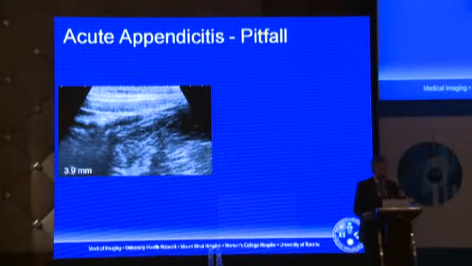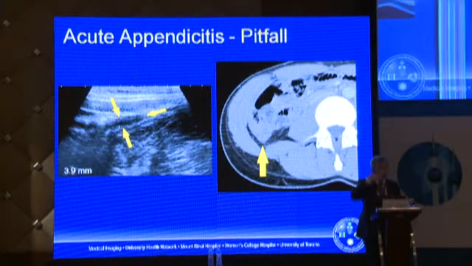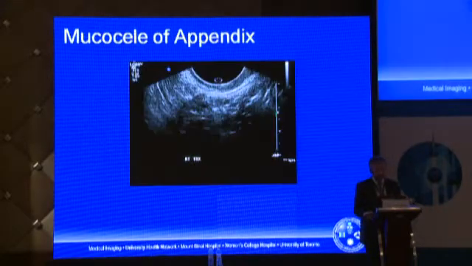You can see the measurement of 4 millimeters, but the emergency doc wasn't satisfied, went on to CT, and there's an acute retrocecal appendicitis. There were no transverse images of the appendix, so what we're seeing there simply is the edge of the cecum rather than the appendix in sag.